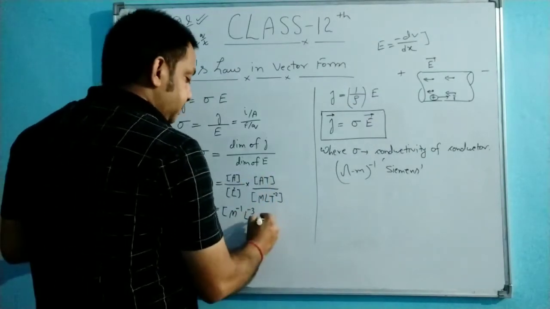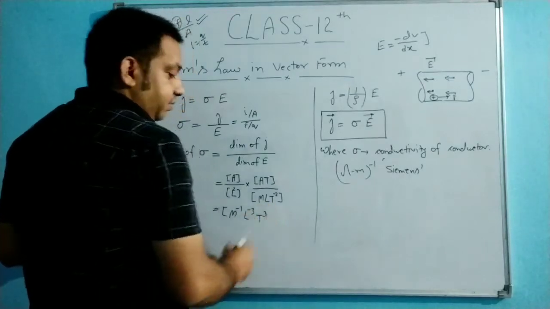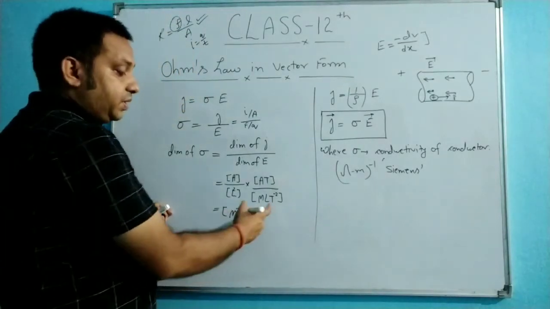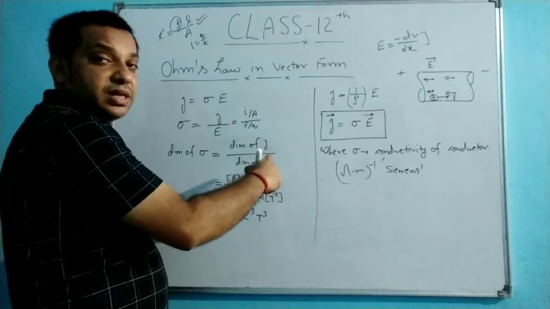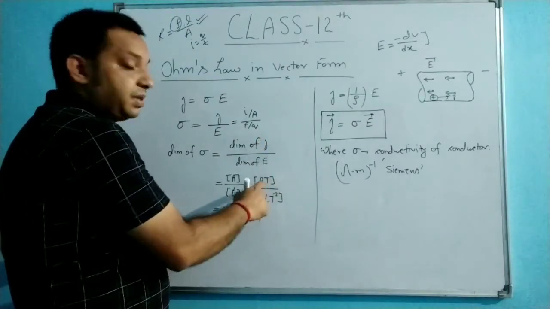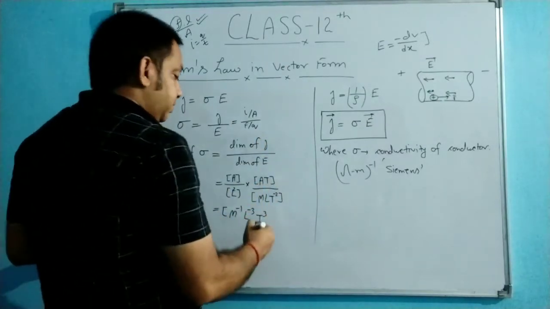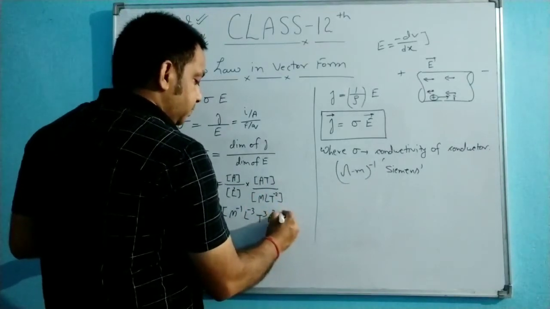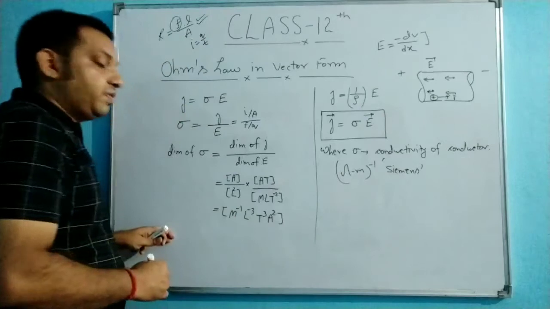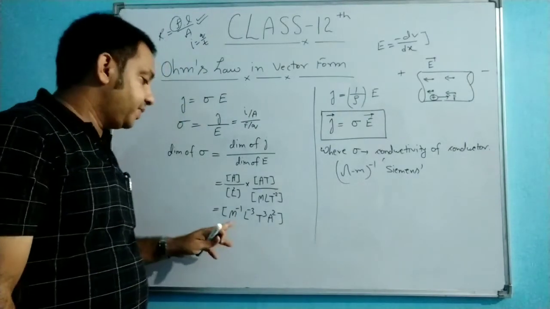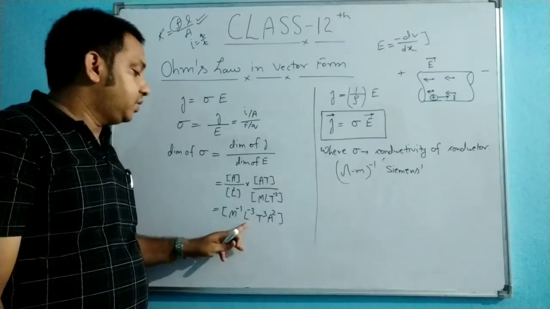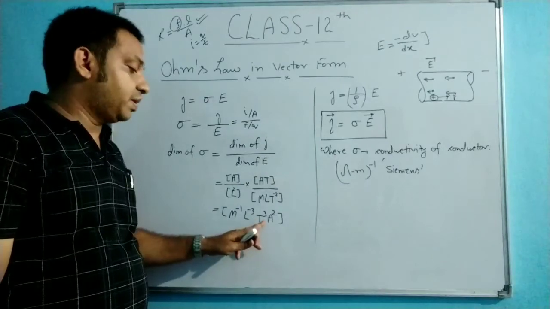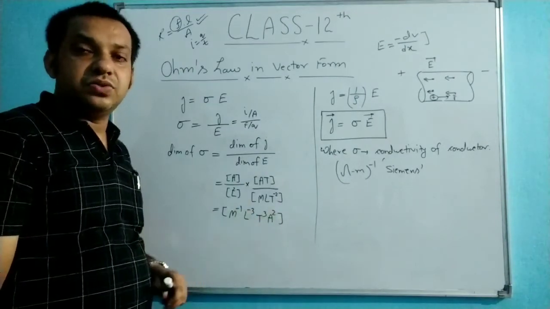T to the minus 2 goes in the numerator and becomes T to the power 2, and multiplied by this T, that becomes T to the power 3. And the last, you will get A to the power 2. So this is your final dimension of the conductivity: M to the power minus 1, L to the power minus 3, T to the power 3, and A to the power 2.